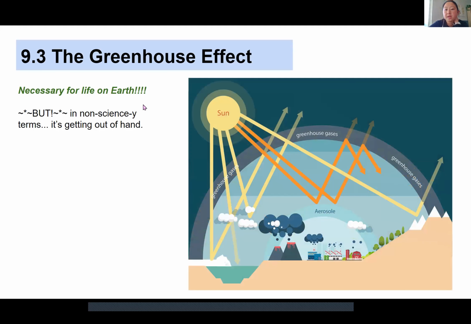Essentially, a different diagram to help us anchor this concept is that there's this greenhouse gas layer in the atmosphere, which traps a lot of heat. You can see the short wavelengths are coming in, the long wavelengths are coming back. One thing that happens also is that the amount of sunlight being trapped as thermal energy is also dependent on how much is being reflected back to the atmosphere.